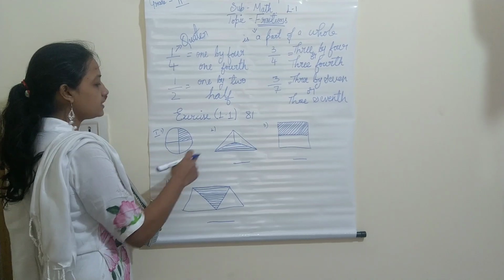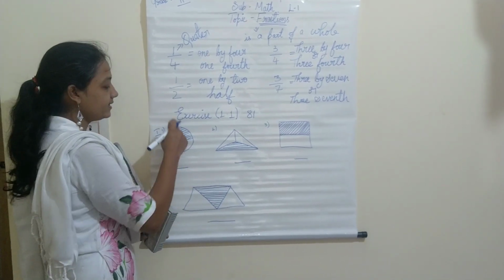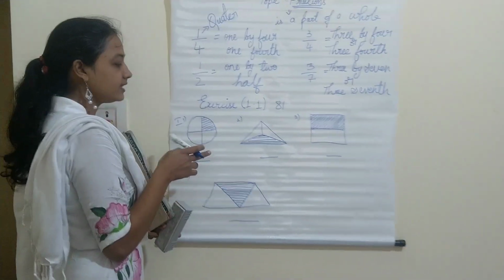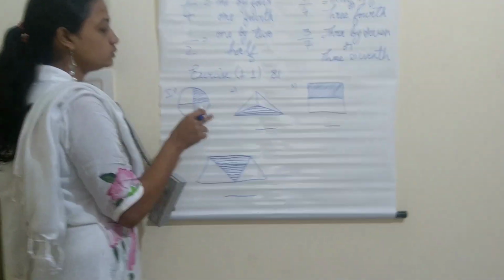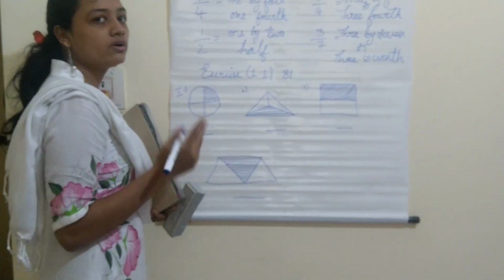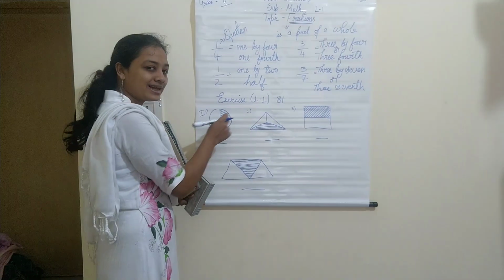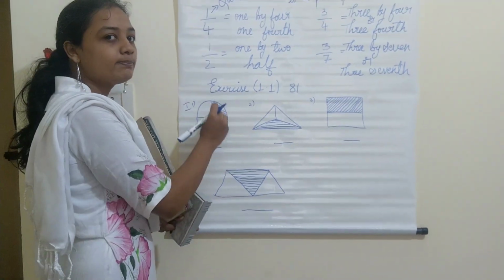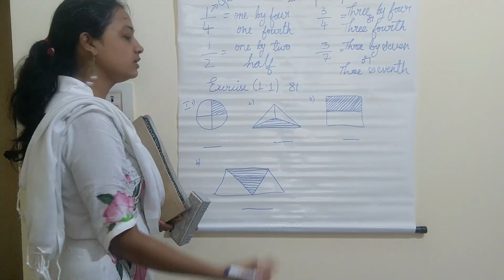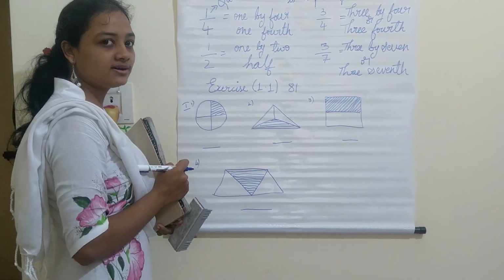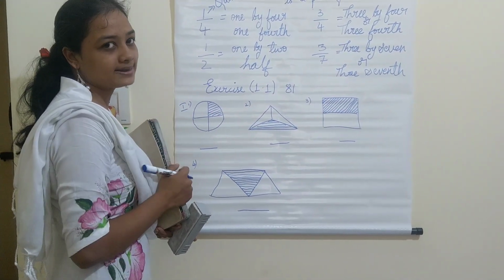So children, you can see a circle here and it is cut into how many parts? It is cut into 1, 2, 3, 4 parts. And the part which is drawn with lines or shaded is the part which is taken away. So how many parts are taken away here? It is only one part taken away.